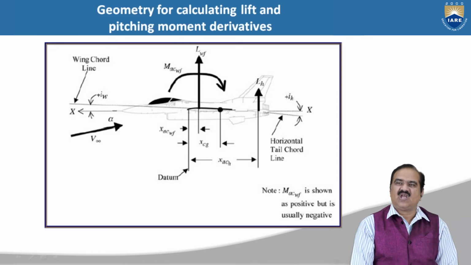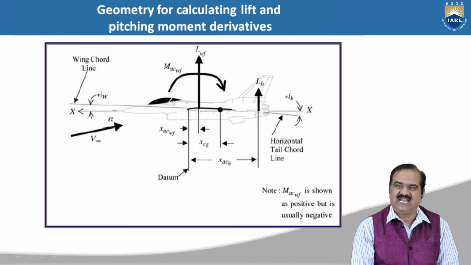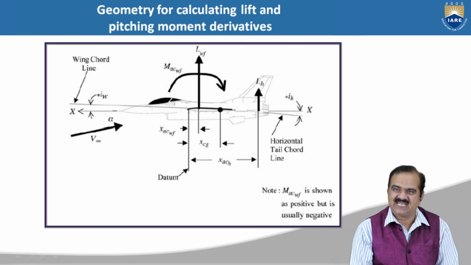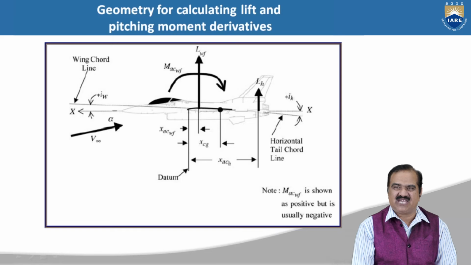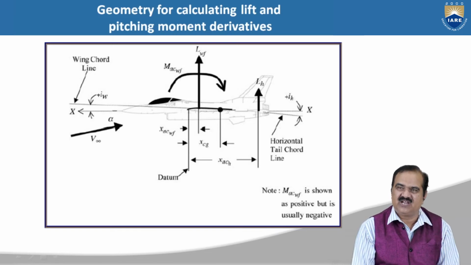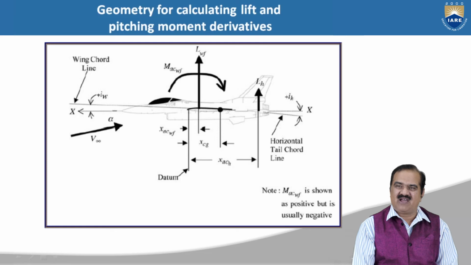distances. One is the XACWF. WF means wing and fuselage, and AC means aerodynamic center. The distance between the leading edge of the wing and the aerodynamic center is known as XACWF. XCG, the distance between the aircraft center of gravity and the leading edge of the wing, is known as XCG.